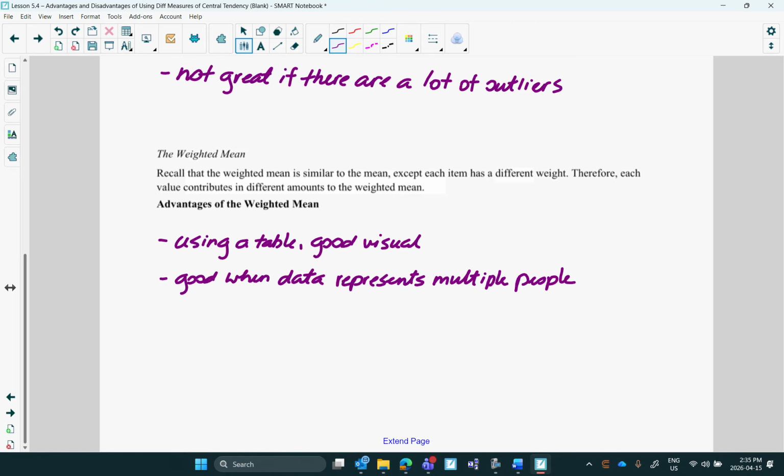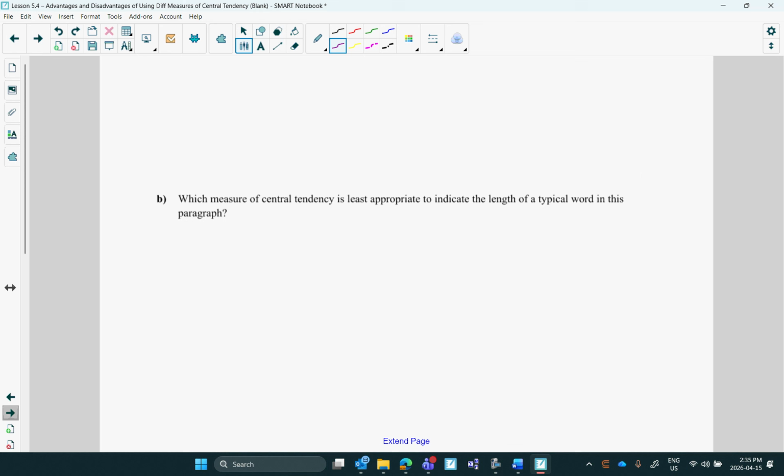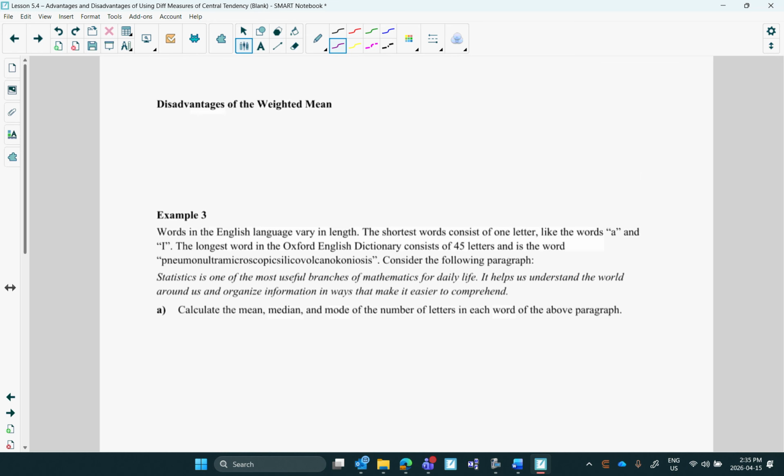And finally, the disadvantage of the weighted mean. Wouldn't it be like time history? Not necessarily more than the mean. It could be. If you have multiple categories, it could definitely be time consuming. So yeah, okay.